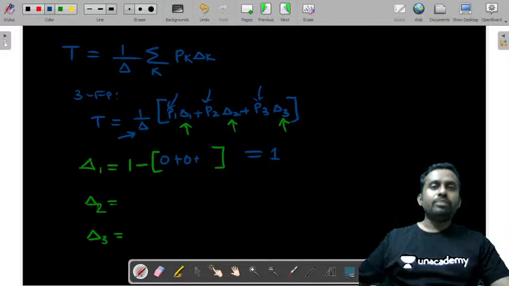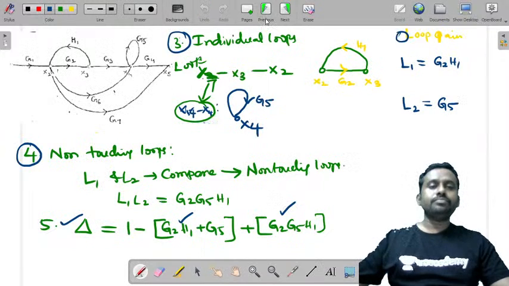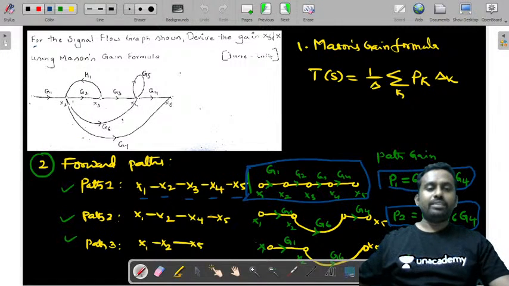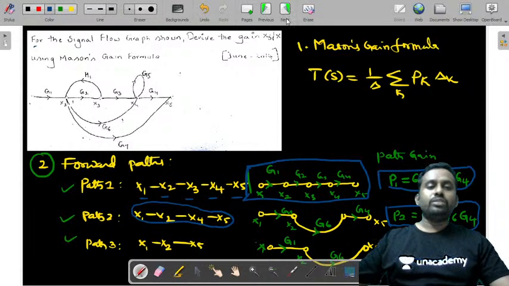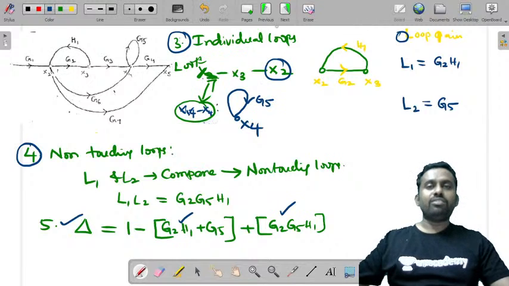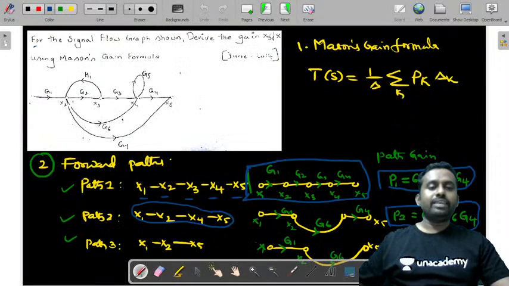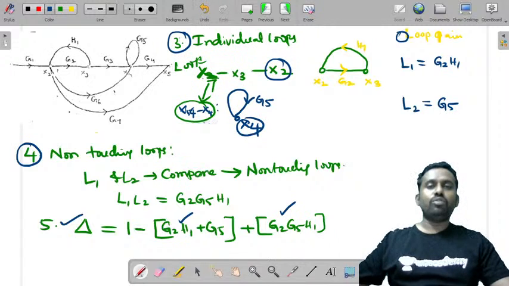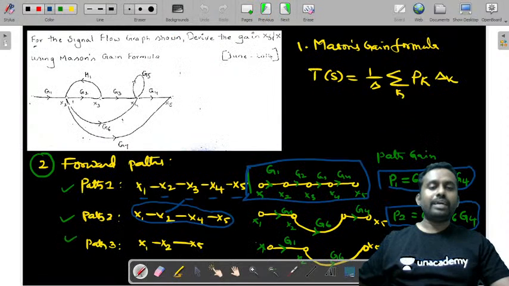Now delta 2, if you observe, is for the second forward path. It has x1, x2, x4 and x5. Is there any loop which is not touching this forward path? x2 is a part of this forward path. If you take the other loop, it has x4, and this path also has x4. That means both the loops are touching this path too.